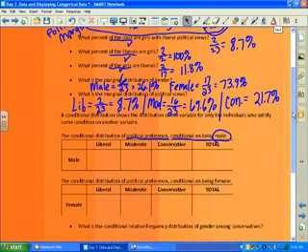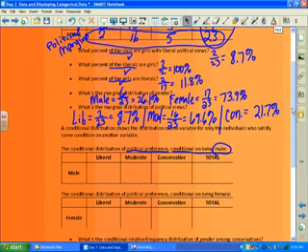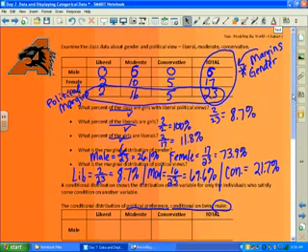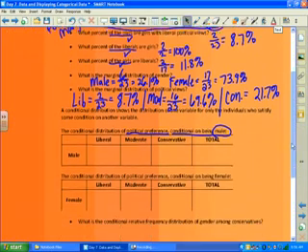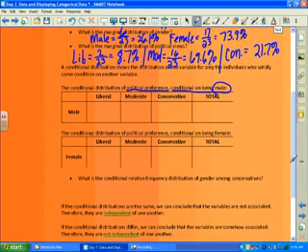Okay, so how do we do that? So that means of the males, how many of them were liberal? So what do we say? Of them, 0. So that would be 0 out of 6, okay, so 0%.